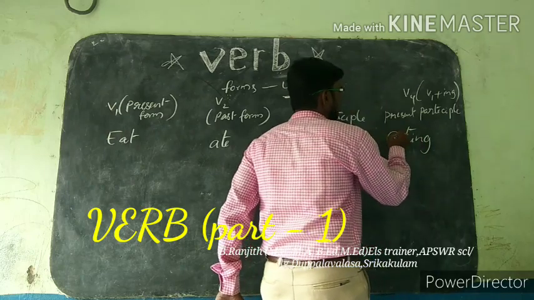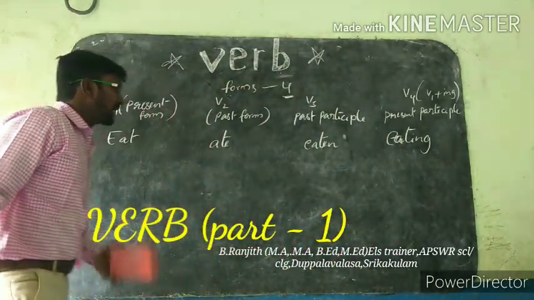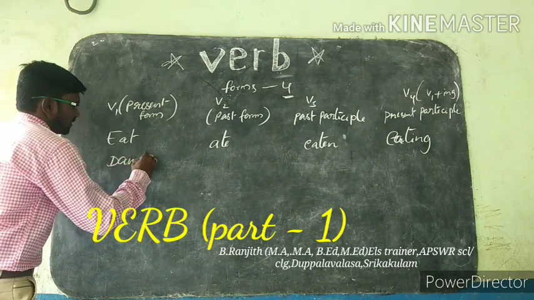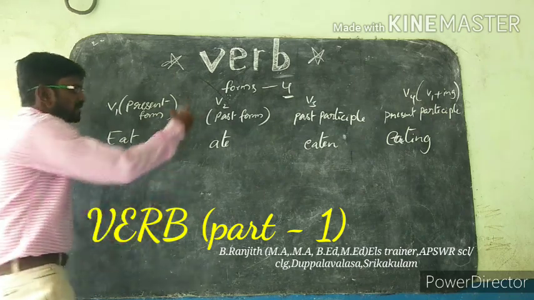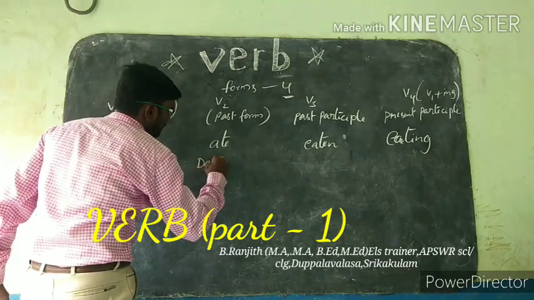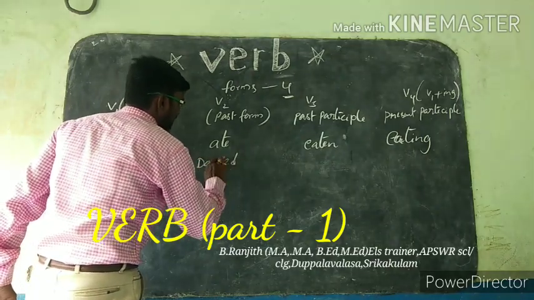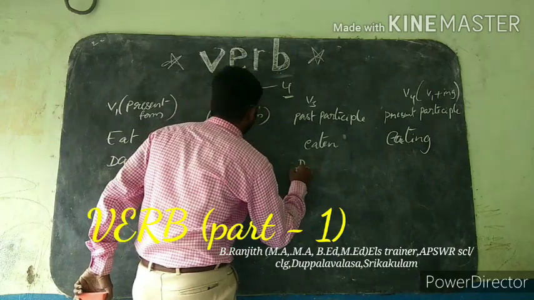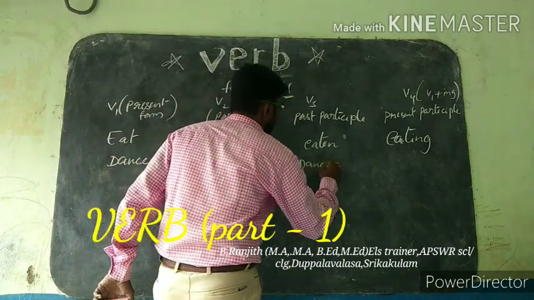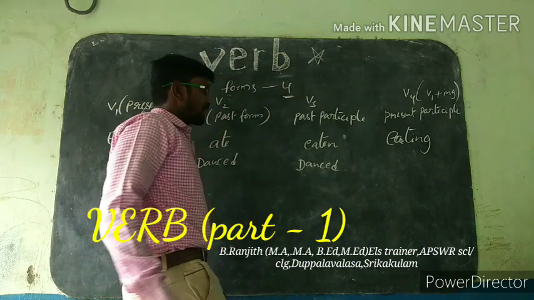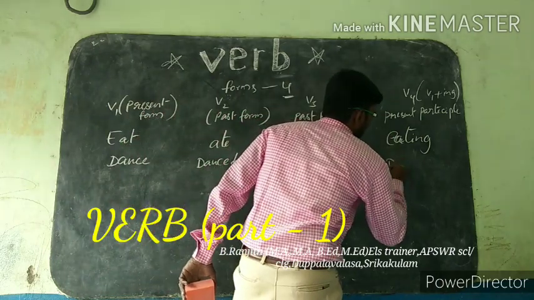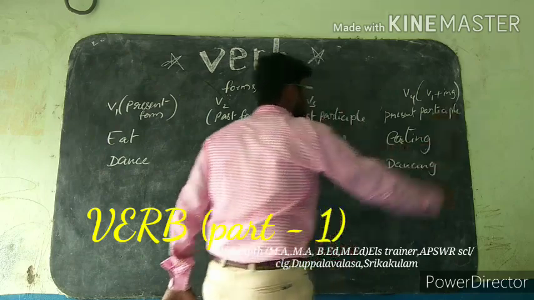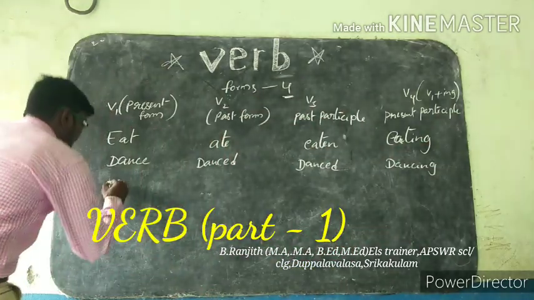Eat plus ing, eating. And next one, dance. Past form: danced. Past participle: danced. Present participle: dancing.